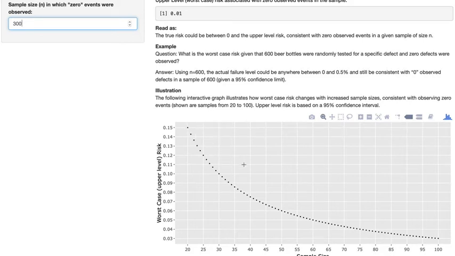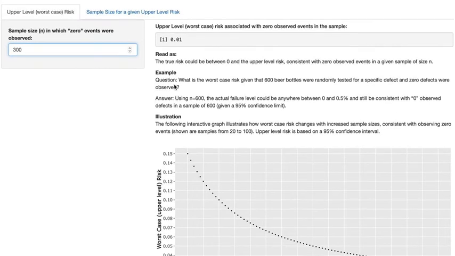But as you increase your sample size, and let's say we're down to 90, and I still find nothing, my upper level risk starts to decrease, but it still could be as high as 3% and still be consistent with zero observed events. It could truly be zero, but it could be as high as 3%. So that's one way of looking at risk when you're not finding anything.